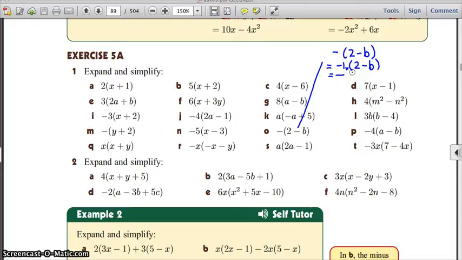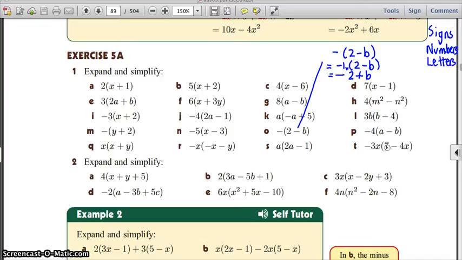We're doing 1 times 2 gives us 2. Then we're doing the signs again. A negative times a negative, positive. And then 1 times B gives us B. We've got -2 plus B. So again, signs first, numbers second, letters third.